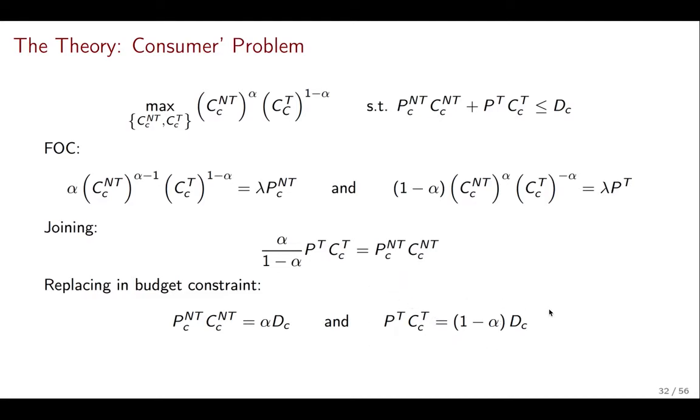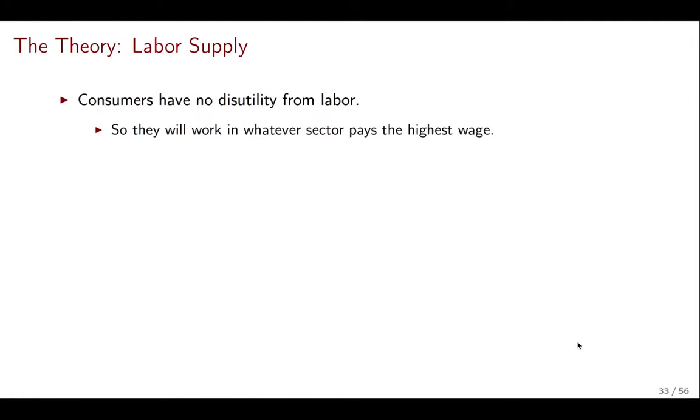Okay, so you can do the steps here, but the bottom line is that a fraction alpha goes to non-tradables and a fraction 1 minus alpha goes to tradables. All right, what about labor supply?